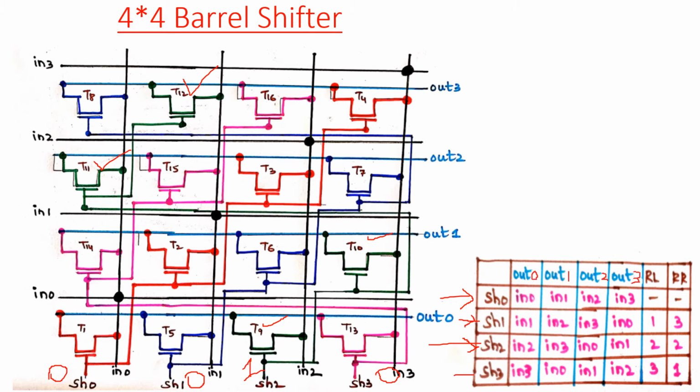Similarly, if we make the SH3 control signal 1 and all others 0, the data gets shifted by 3 times. That is, output 0 will have input 3, output 1 will have input 0, output 2 will have input 1, output 3 will have input 2.